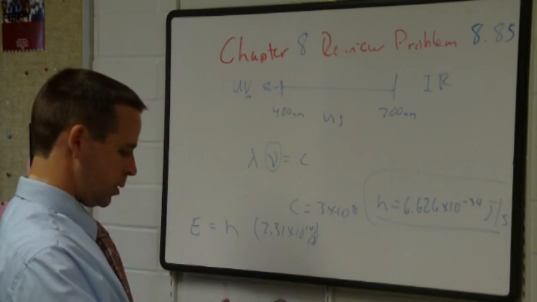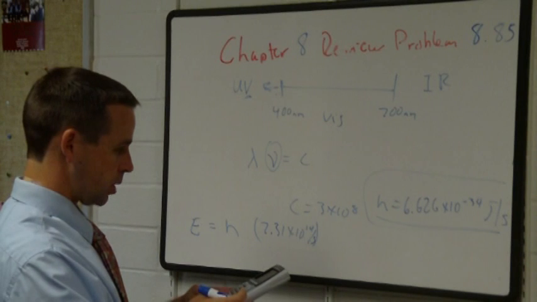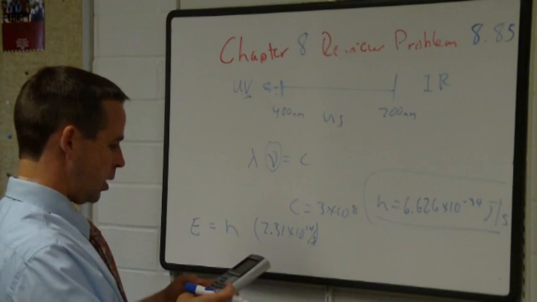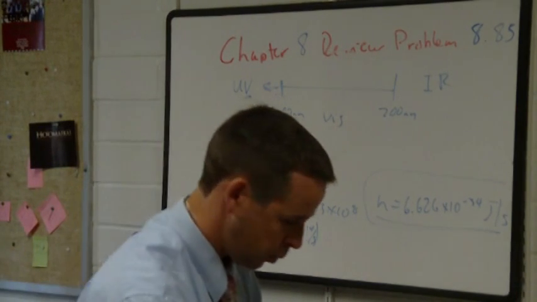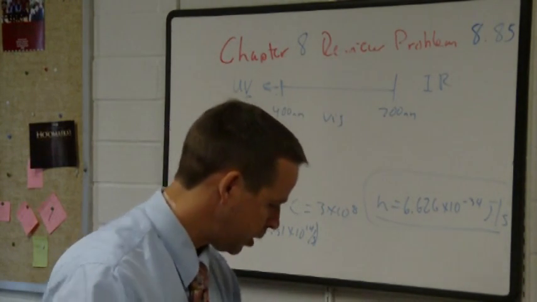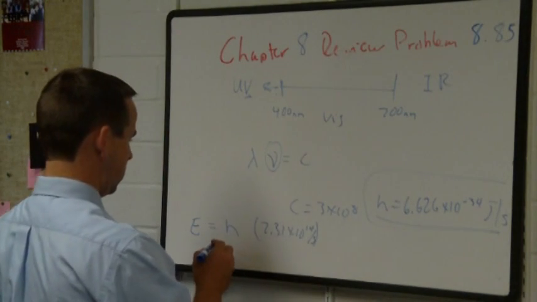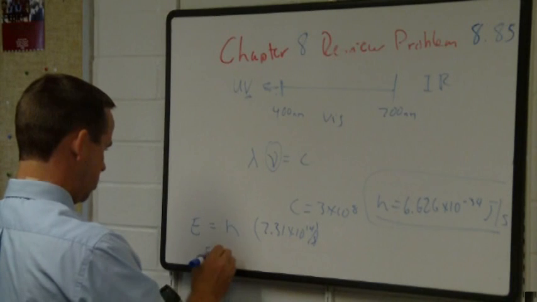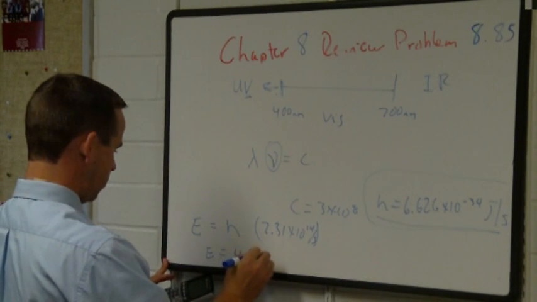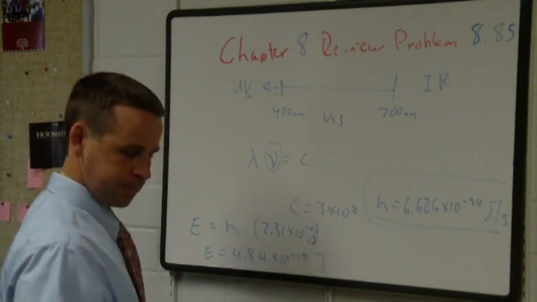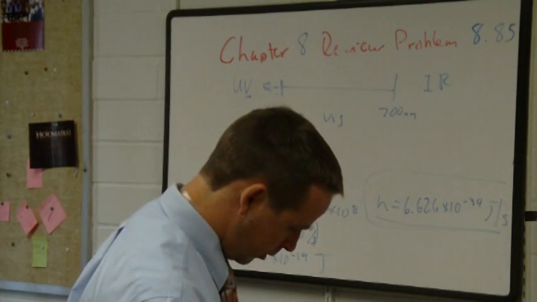So if we take that frequency, multiply it by 6.626 times 10 to the minus 34, that gives us 4.84 times 10 to the minus 19th joules. So this was Planck's constant here. Energy equals 4.84 times 10 to the minus 19th joules. All right, that's 885C.